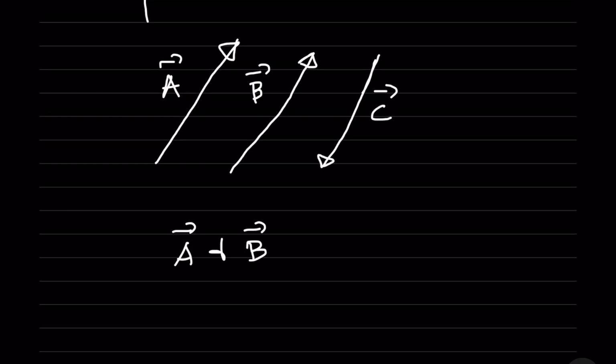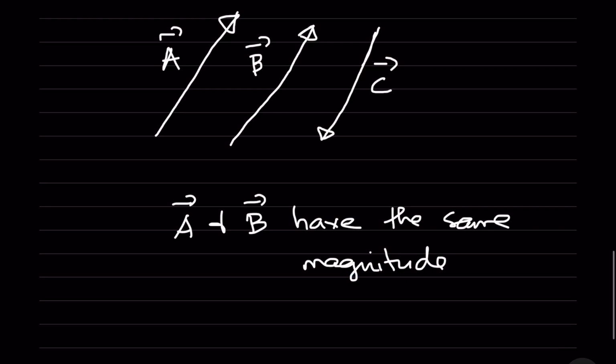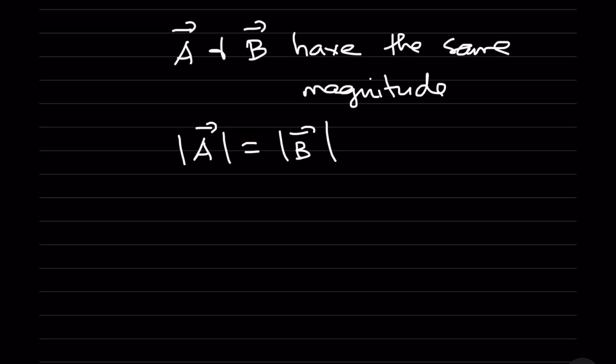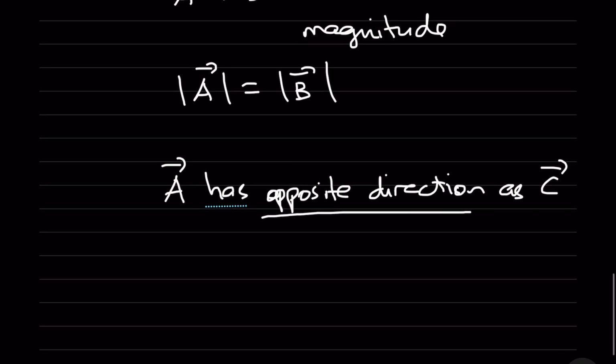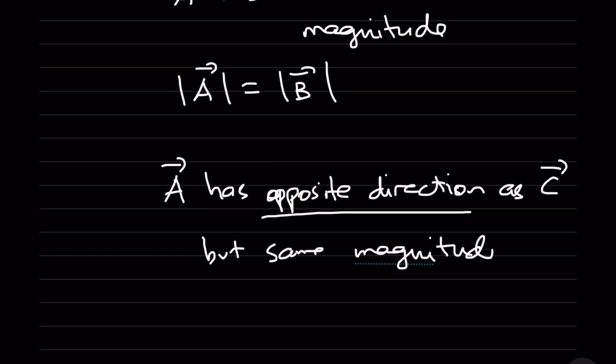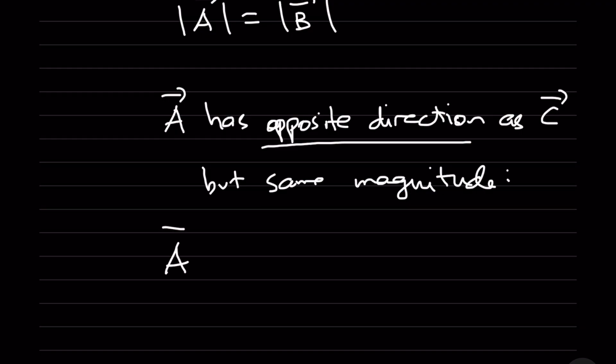If we consider these three vectors shown on the screen, you see that vectors A and B have the same length, so they have the same magnitude. In symbols, we say the magnitude of A is equal to the magnitude of B. On the other hand, for the case of vector C as compared to vector A, while the lengths of the arrows are the same, so they have the same magnitude, the directions are opposite.